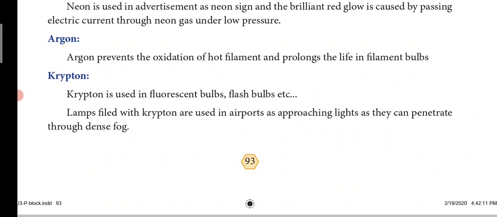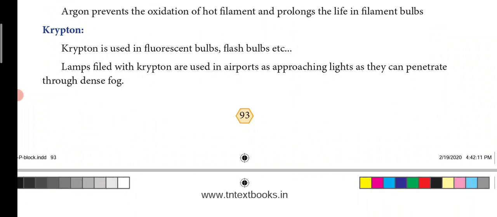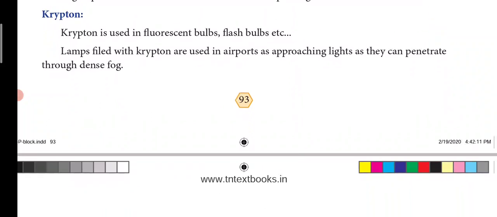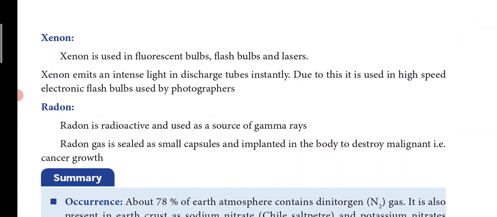Argon is used in filament bulbs, krypton in fluorescent bulbs and flash bulbs, and lamps filled with krypton are used in airports as approaching lights as they penetrate through dense fog. And xenon is used in fluorescent bulbs, flash bulbs and lasers, and xenon emits intense light in a discharge tube instantly. So due to its high speed, electric flash bulbs are used in photography.